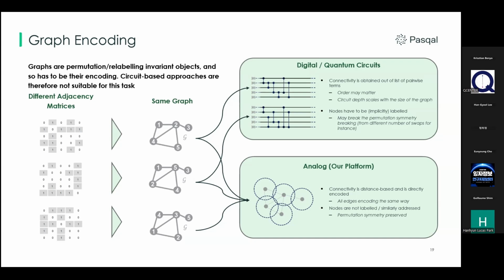So I will have a trace in my probability distribution that captures the fact that nodes 1 and 2 were connected due to the Rydberg blockade.